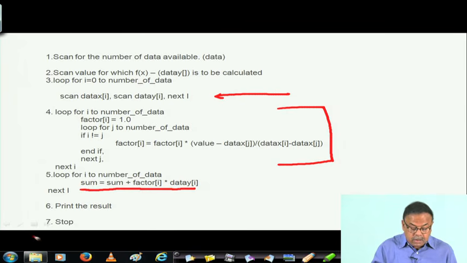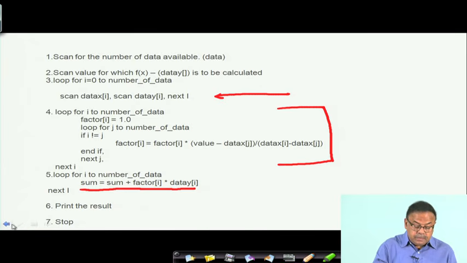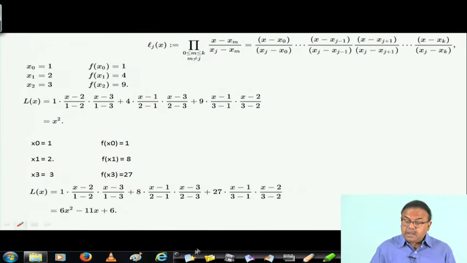So, if you go to the earlier slide, you will find that these are my factors, right. I am finding each of these factors, multiplying them, this whole thing is a factor, and then I multiply that with the coefficient and add them up. So, I am doing the summation at the end.